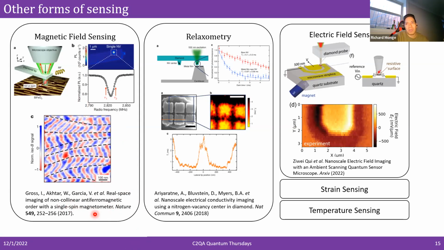Another example of NV-based scanning probe microscopy is this paper by the Ariyaratne and Yacoby group in 2018, where they performed a T1-based map using these NV centers.